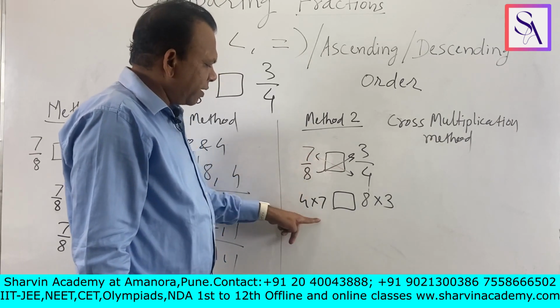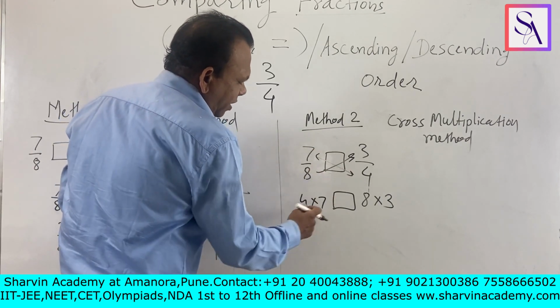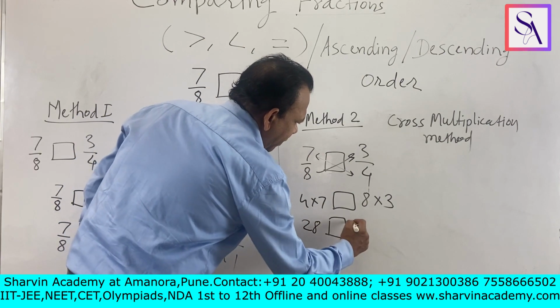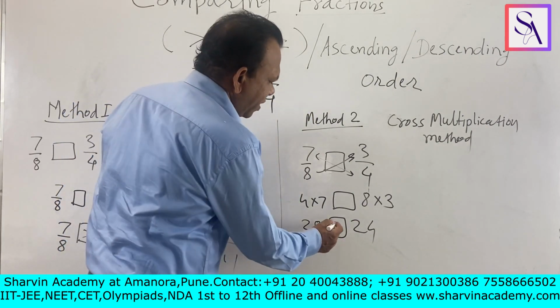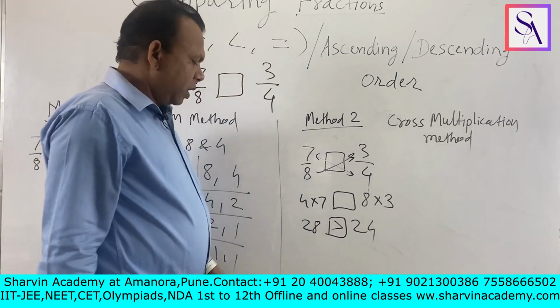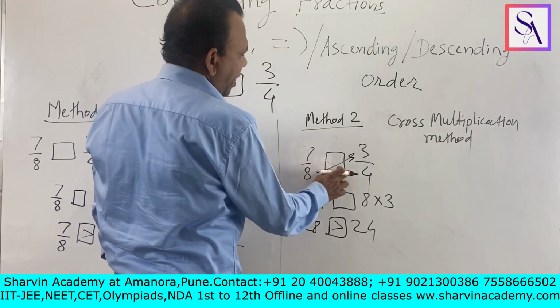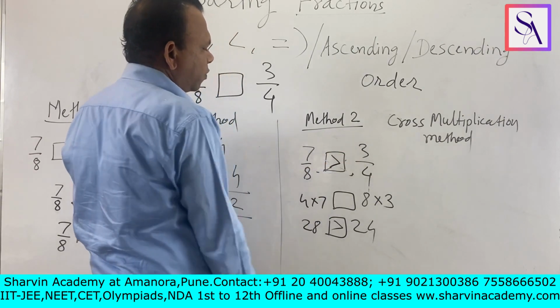So, no need to write 8 below, just write the cross multiplication. 7 4s are 28, 8 3s are 24. Which one is greater, 28 or 24? 28 is greater than 24. Hence, 7 by 8 is greater than 3 by 4.